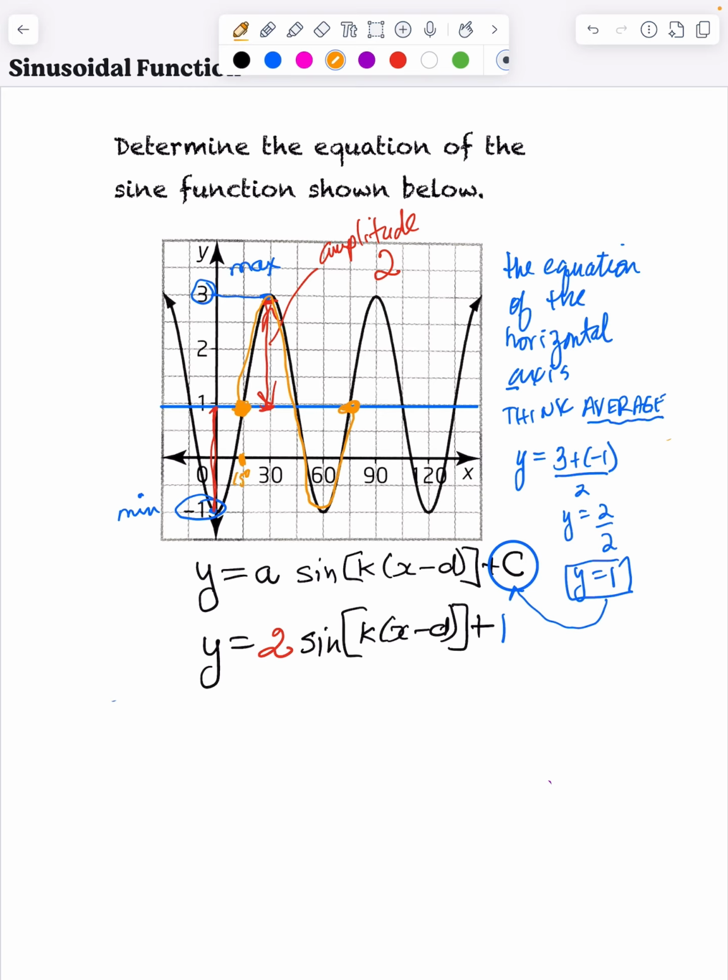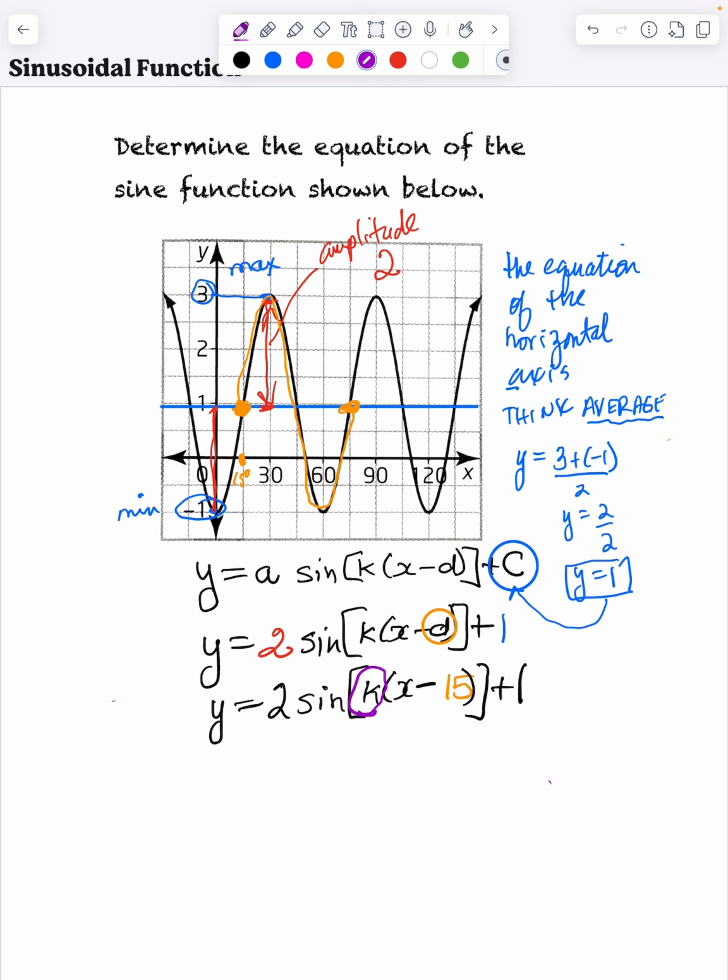So I know that this 15 is what I'm going to put in for D. That's where I'm going to put the 15. So I'm going to get y equals 2 times the sine of K x minus 15 plus 1.